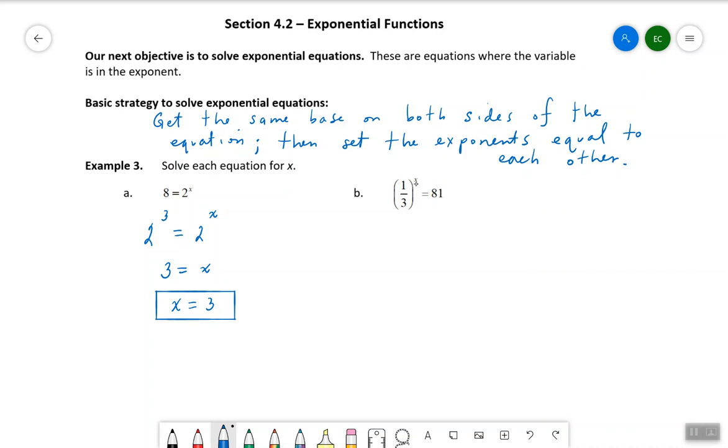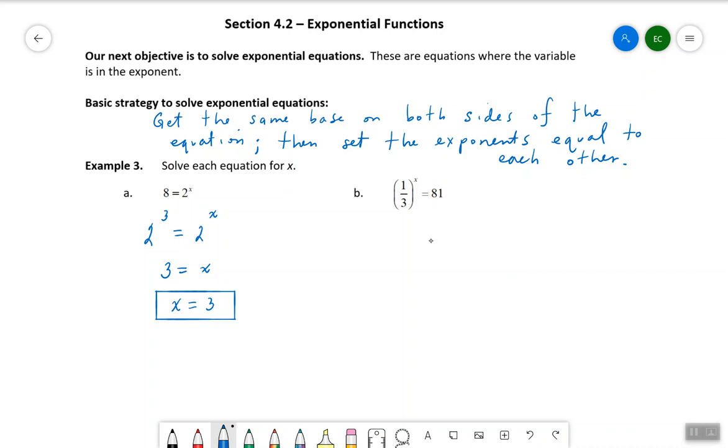We have 1/3 raised to the x is equal to 81. And so we need to be asking ourselves, what would be a good base for these two numbers to share? With a little thought, you might realize that 3 is a good base.